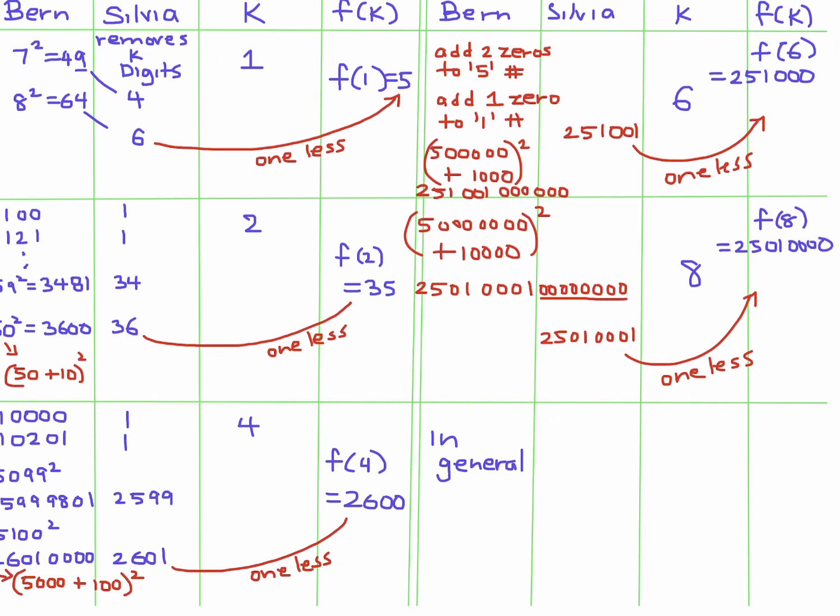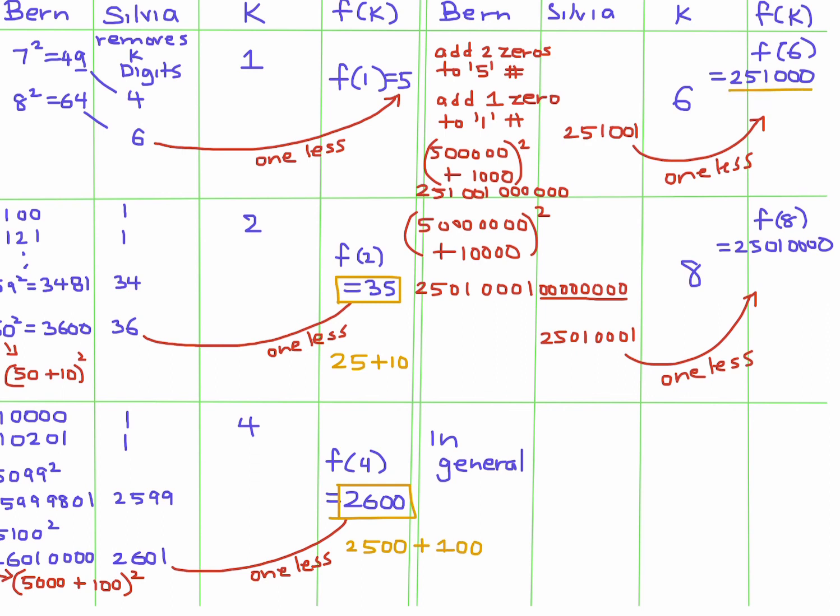All right. I think I'm convinced with that. Okay, so now we have to see any kind of a pattern with these f at k's. Well, this one here is 35, and that one is 25 plus 10, that's 35. This one was 2600, and 2600 is 2500 plus 100.